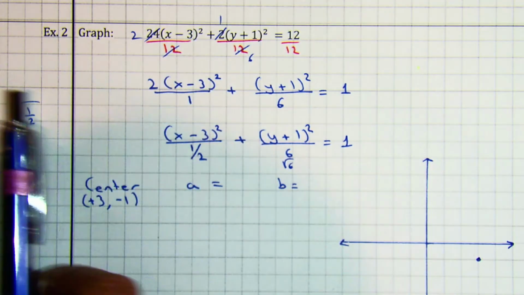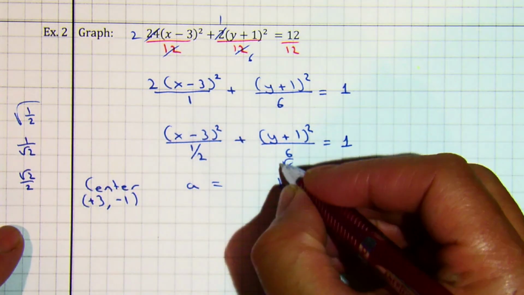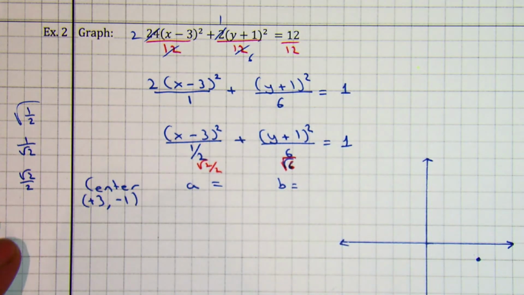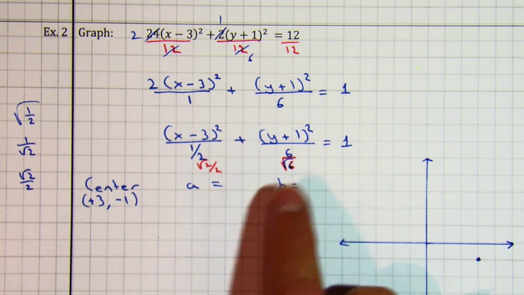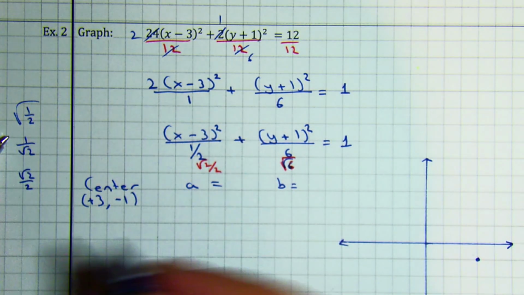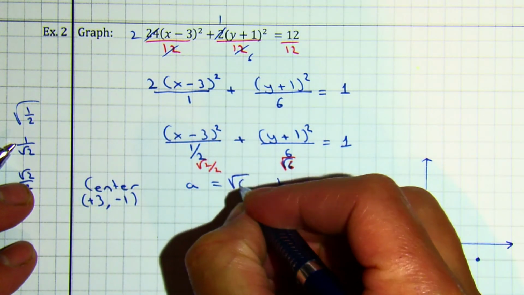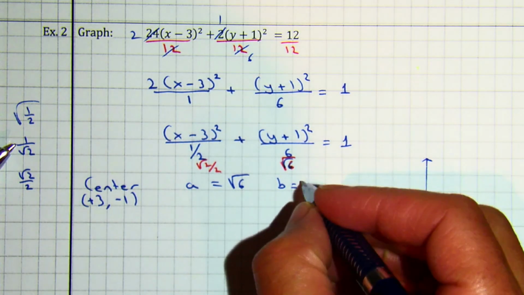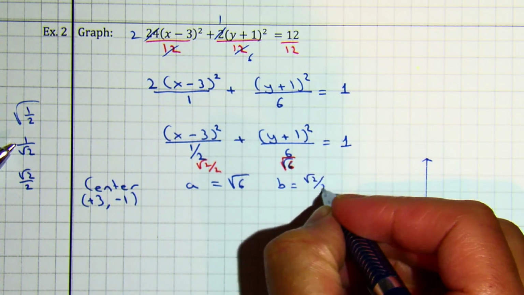Remember, which is bigger, square root of 2 divided by 2 or square root of 6? Square root of 6 will be bigger, therefore that is the value of A. The value of A will always be the bigger one on an ellipse. The value of B will be the square root of 2 divided by 2.